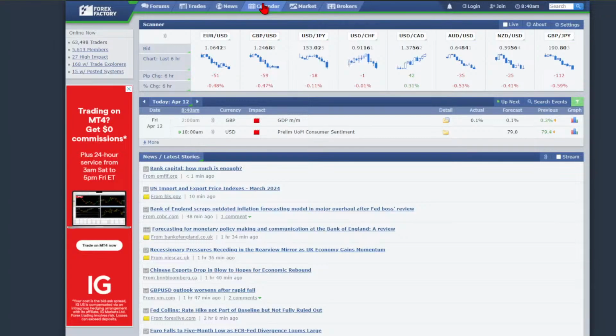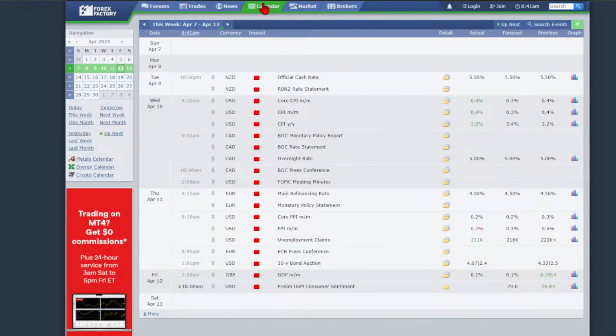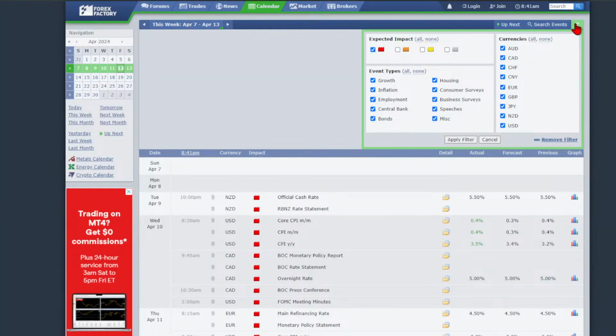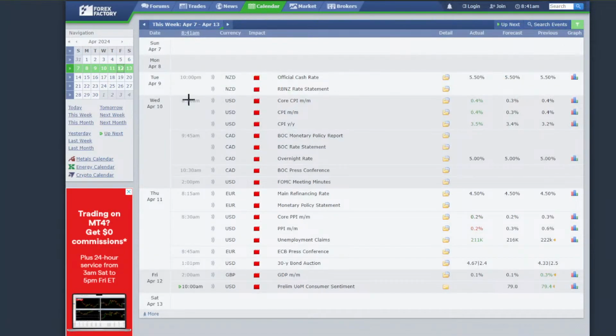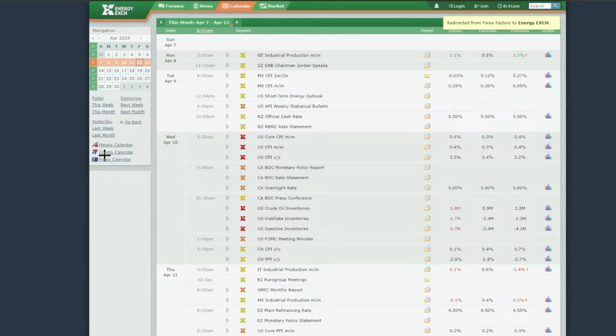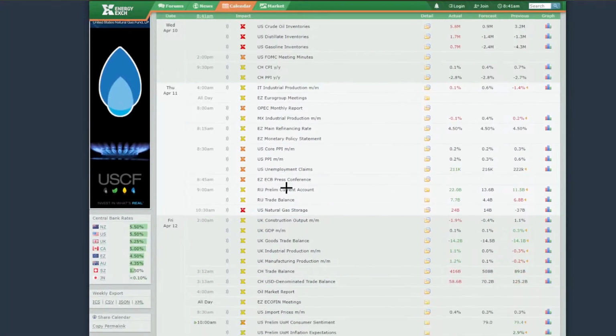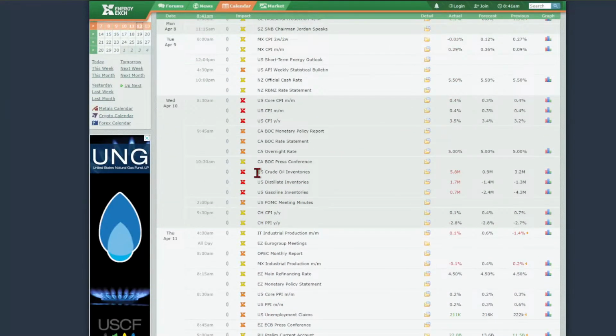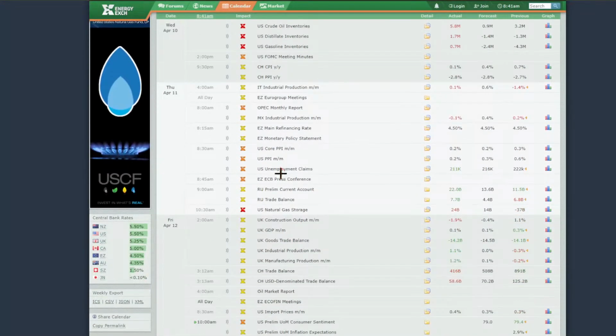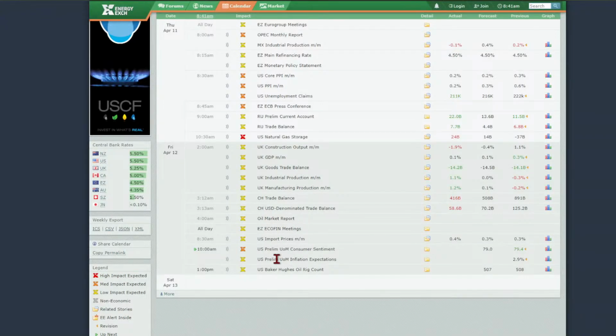You go to calendar, and then there's a little filter button right here, and you can just check the red box here, and that'll give you only the red news for the week. And then if you want to find oil and things like that, just click on the little energy button down there, and then you can check and see what is the red news for the week. And every single week, there's inventories at 10:30. And then today on Friday, there is nothing.